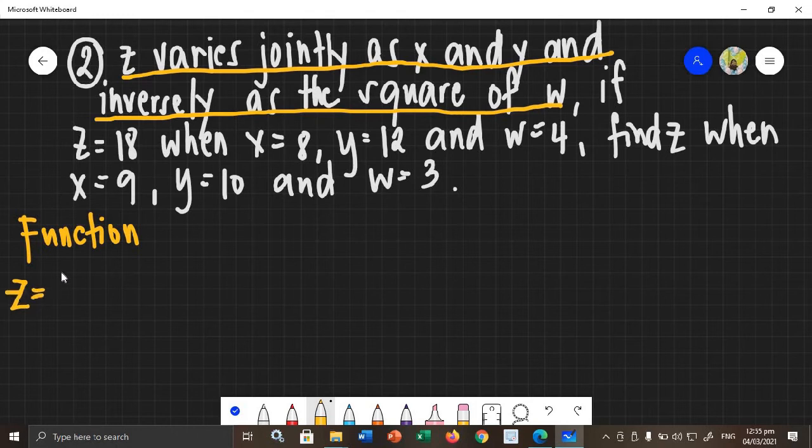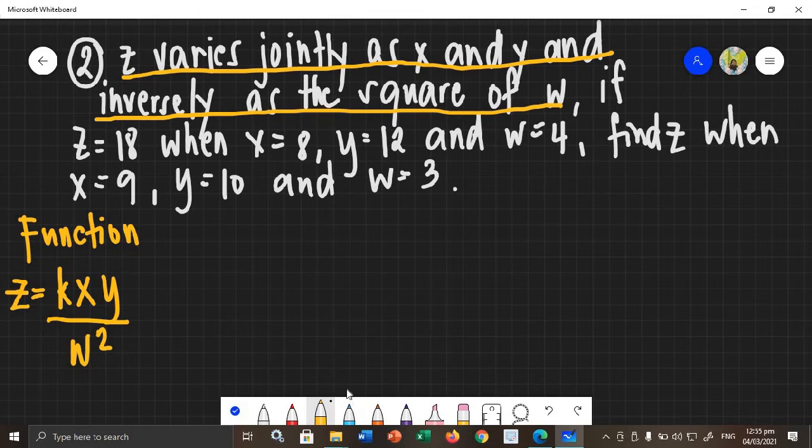So z is equal to k varies jointly as x and y. So kxy all over and varies inversely as the square of w. Okay? So that will be the function needed to solve the unknown.